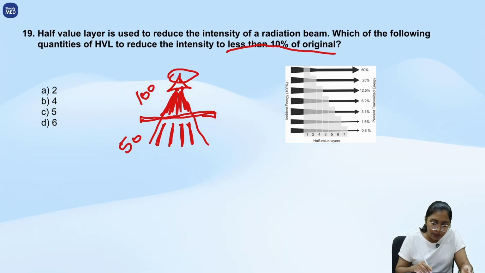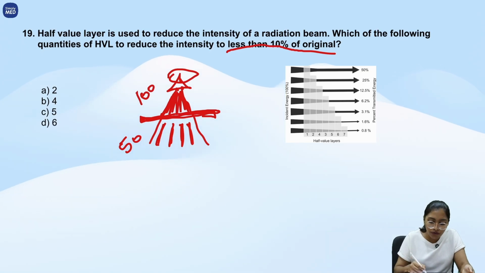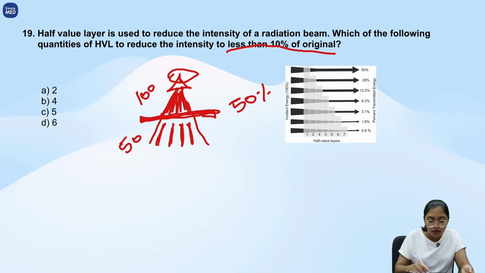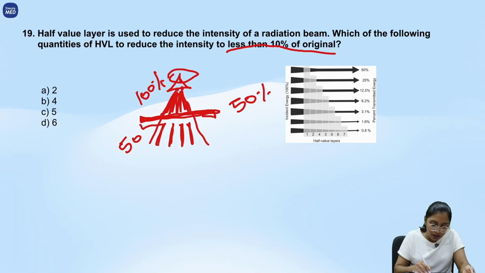Let's see. If I keep one half value layer, the intensity will be reduced to half, 50%, since we are starting from 100%. If I keep one more half value layer, it will be reduced to 25%.